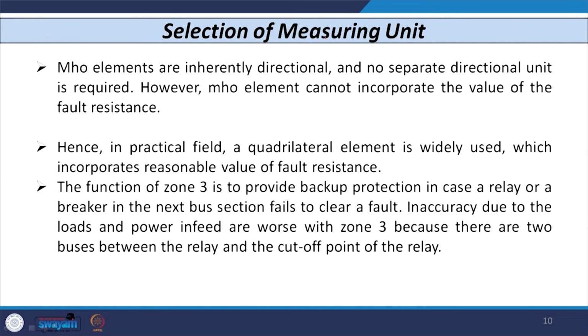As I told you, the mho relay is inherently directional, and it can also accommodate some marginal value of fault resistance, so it is used for long EHV and UHV transmission lines. However, nowadays we are utilizing digital relays, and all earlier electromechanical and static type relays are replaced by digital relays.